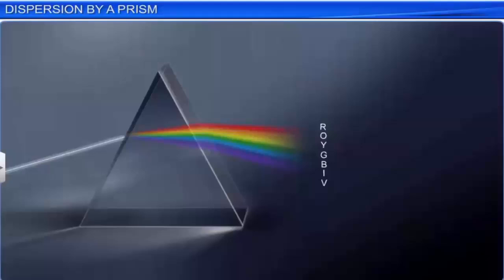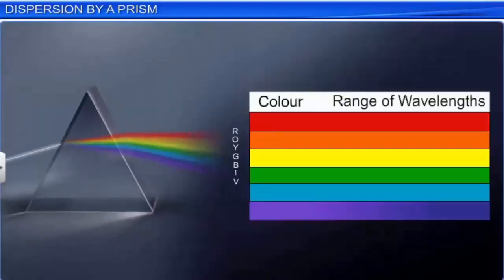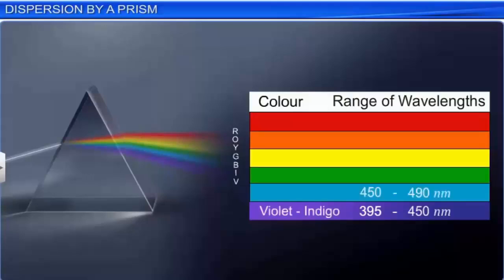We know that the color of light is related to its wavelength. If the wavelength of light is in the range of 395 to 450 nanometer, then the color of the light is violet to indigo. If the range is between 450 to 490 nanometer, the color is blue.